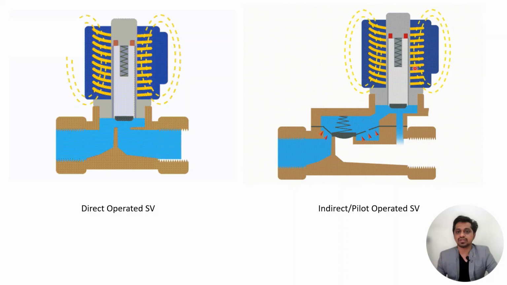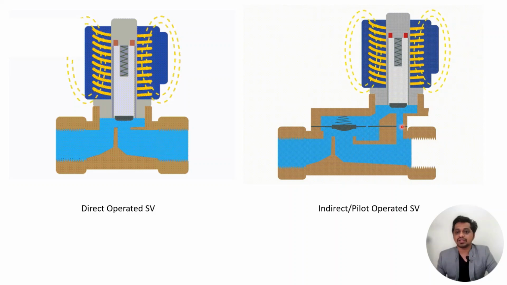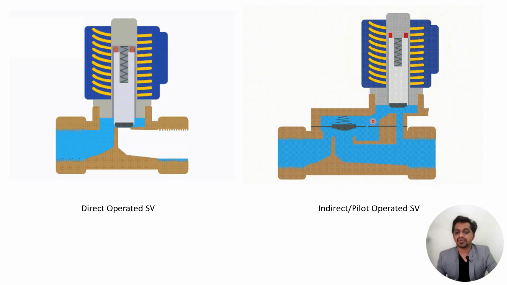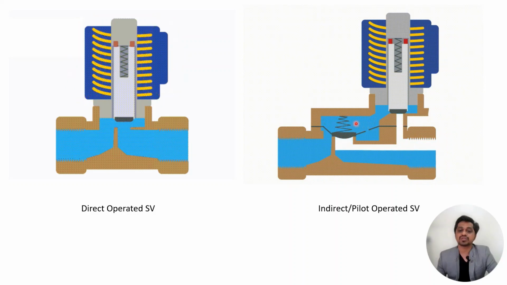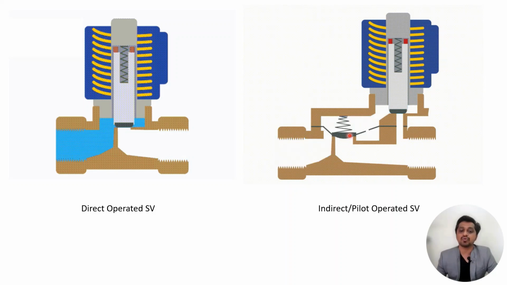Now when the coil is energized, it gets open, and the pilot port gets open to atmosphere, because of which the upper pressure gets reduced and the valve gets lifted, right? So that's why we require a pressure differential. This is the meaning of pressure differential. You can see again, when it closes, the pressure on the top side is more, so it pushes the diaphragm on the downward side and it gets closed.